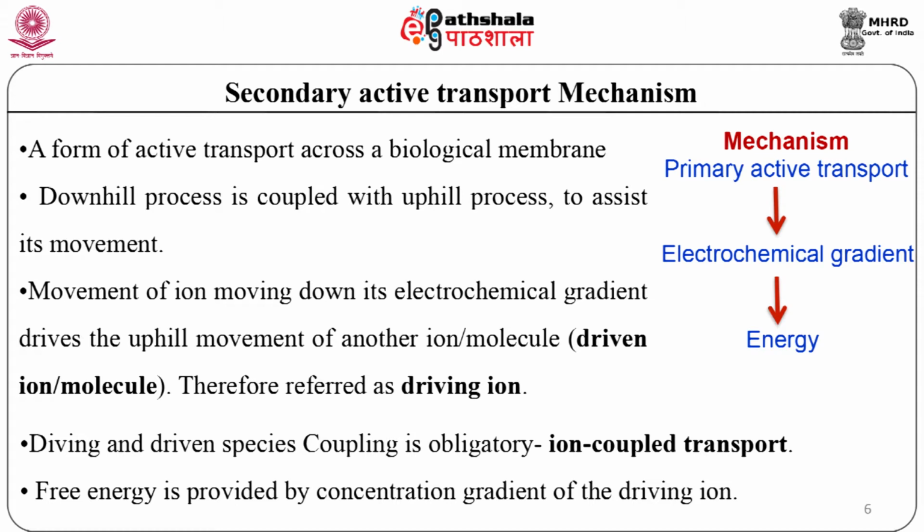In this type, a transporter protein couples the movement of an ion, which mostly is Na plus or H plus, down its electrochemical gradient to another molecule or ion against the concentration gradient. That is, a downhill process is coupled with an uphill process to assist its movement. In this way, energy stored in the electrochemical gradient of an ion is used to move another solute against a concentration or electrochemical gradient.